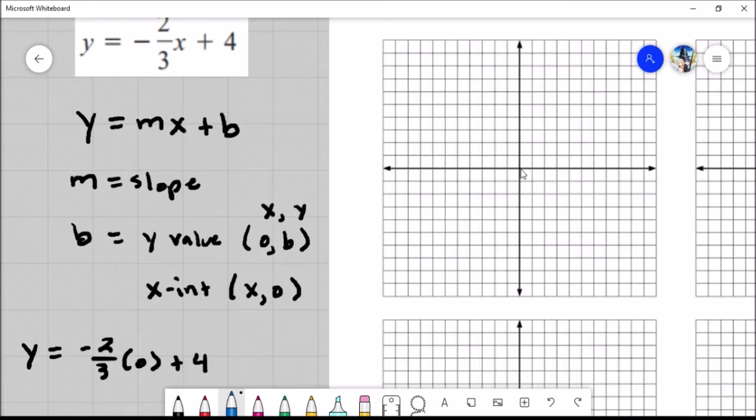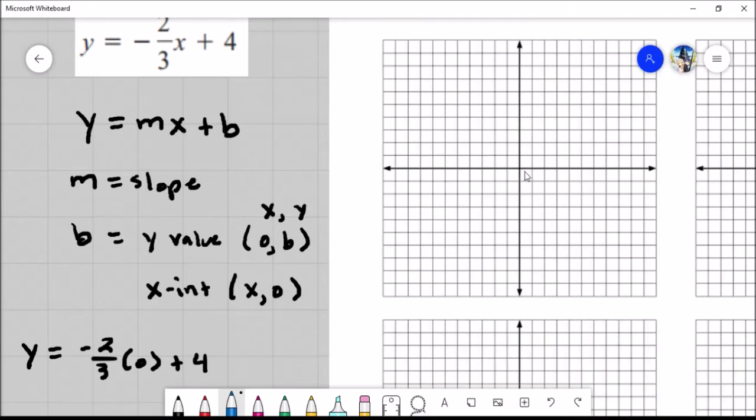So now the 4 part. The 4 again represents the y. So that y value tells you to move either up or down from the position that you're at. Since I'm still at the center or the origin of my graph, I'm going to move 4 units upward because it is a positive 4.